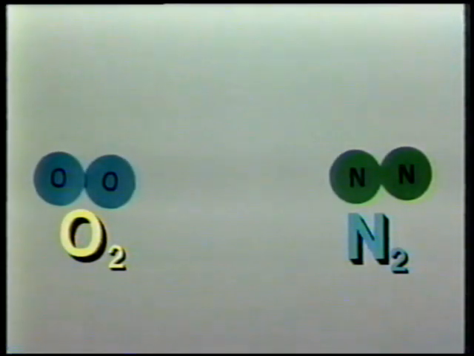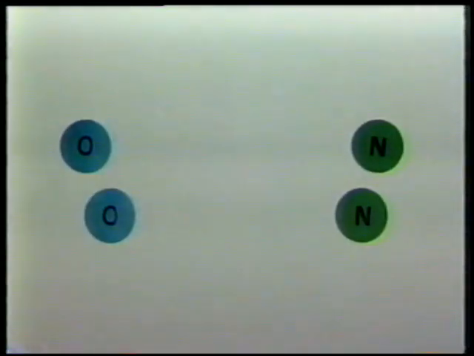Here's how that works. Oxygen atoms do not normally occur singly in nature, but are usually found in combination with other oxygen atoms to form molecules of oxygen, O2. The same is true for hydrogen and nitrogen atoms.